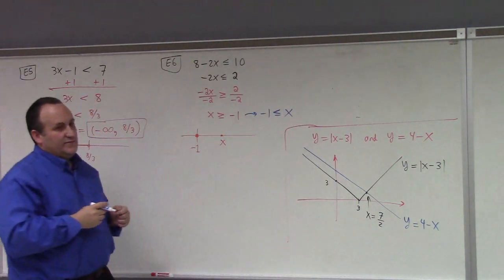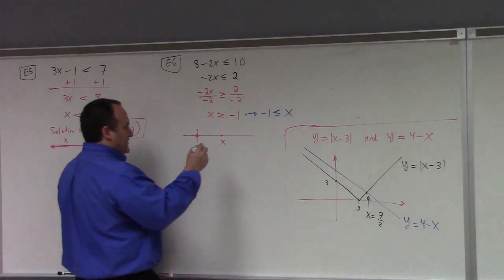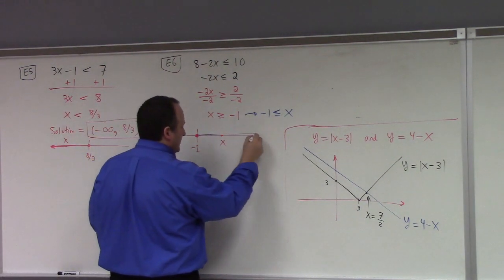That's in the same left to right reading as the number line. Personally, I make fewer mistakes if I write everything in terms of less than. But you can think about less than, you can think about greater than. It's totally fine. The point is, the solution is over here.